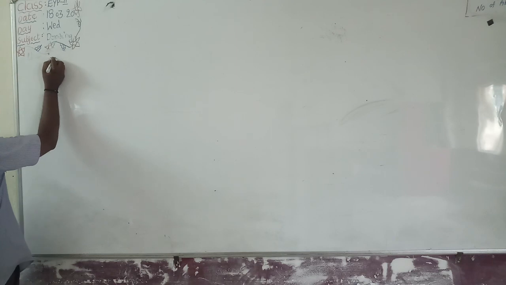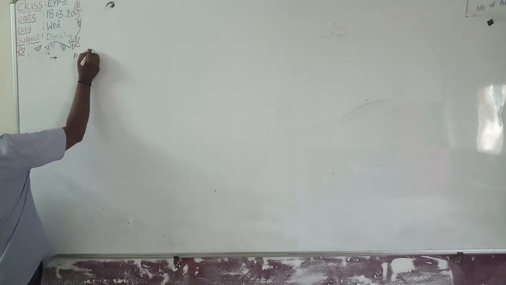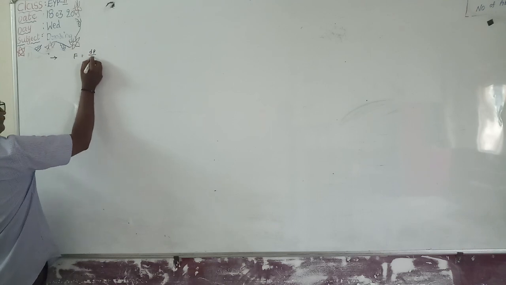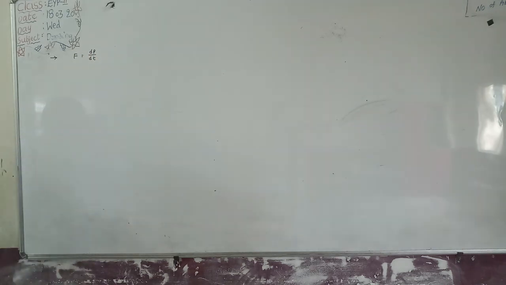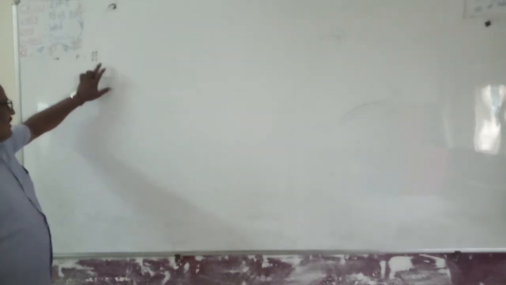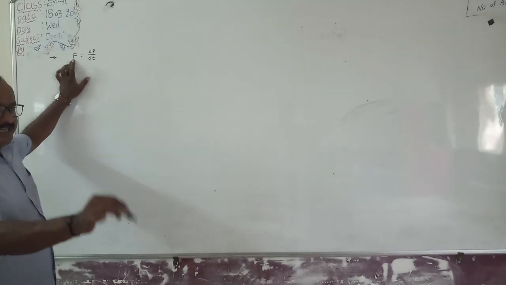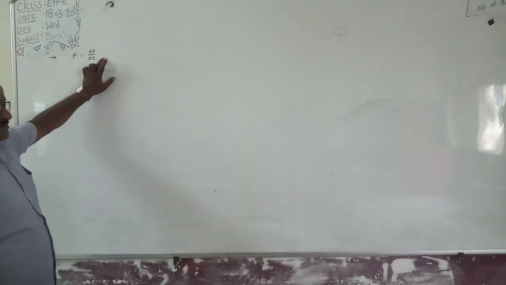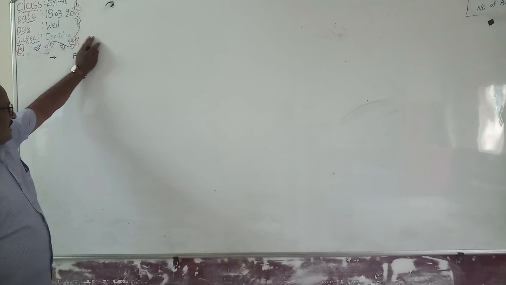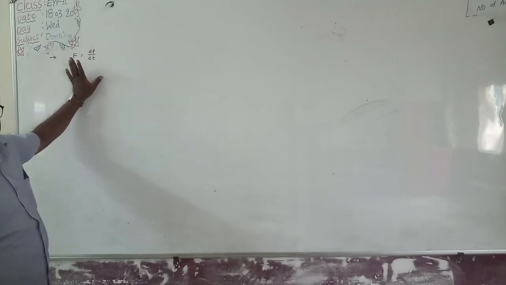Next one. According to Newton's second law, the external force acting on a body is given by dP by dt. This is the general formula for Newton's second law. The rate of change in momentum of a body is directly proportional to the external force acting on it, along the direction of force. Means rate of change of momentum is always along the direction of force acting on the body.